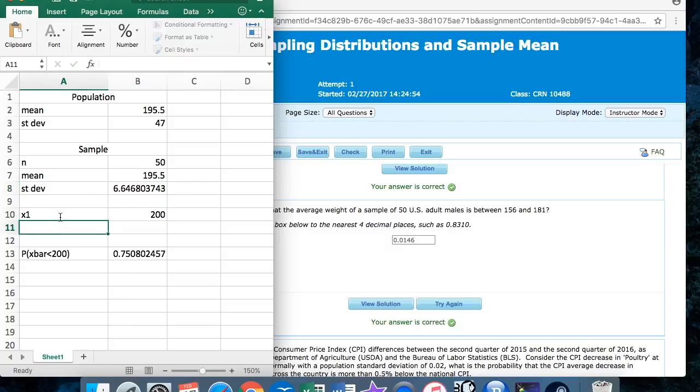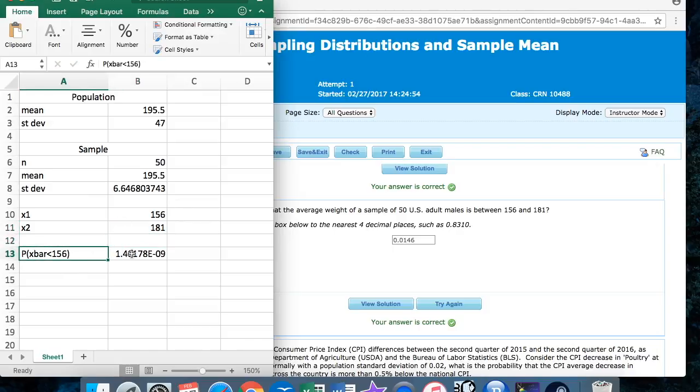Again here we have the x1 and the x2. We want to find the probability that x bar is between 156 and 181, so my x1 will be 156 and my x2 will be 181.